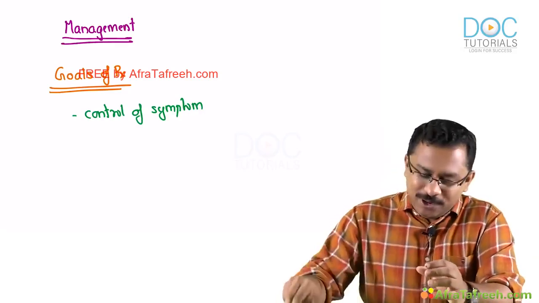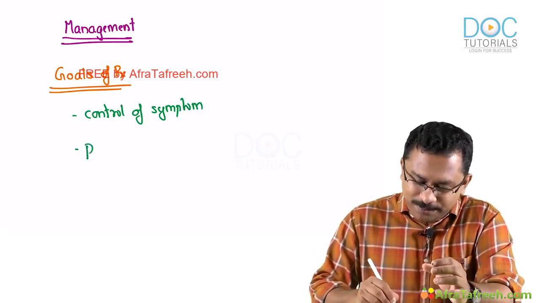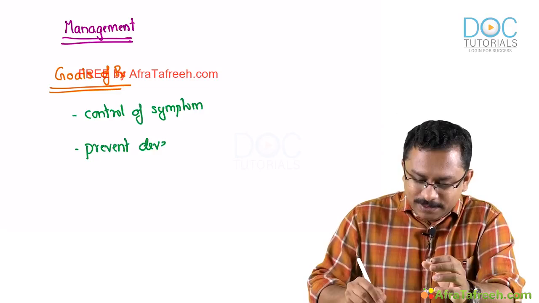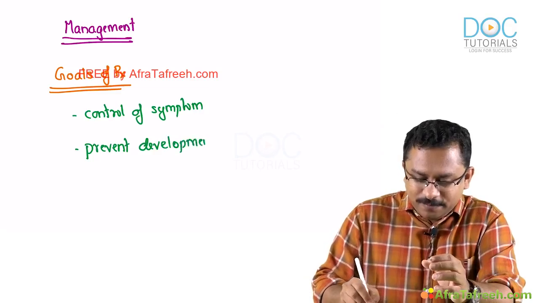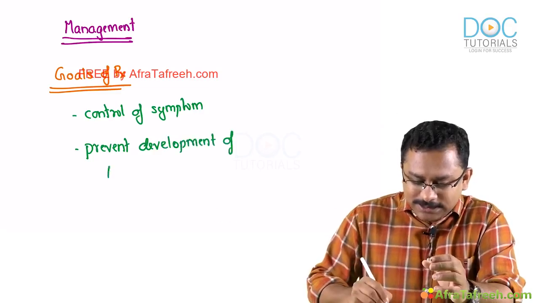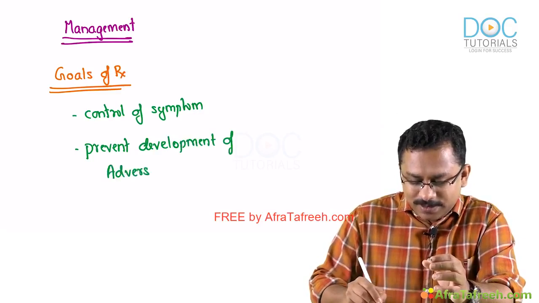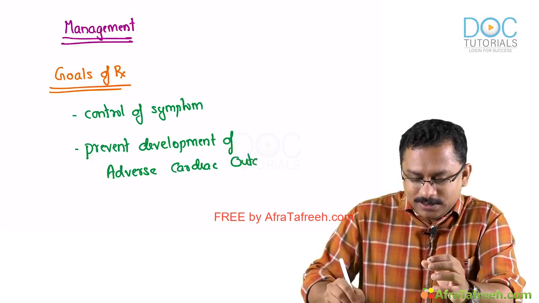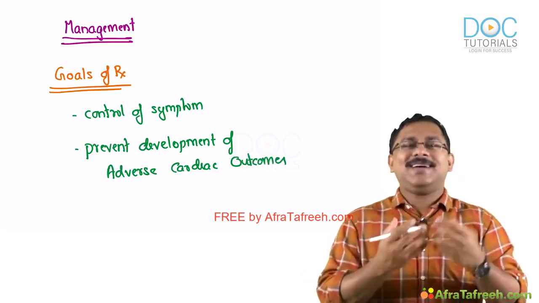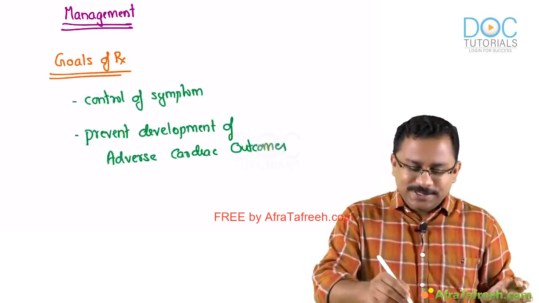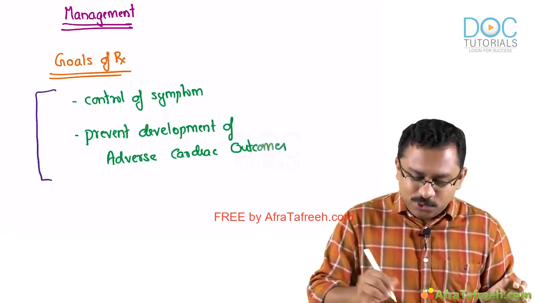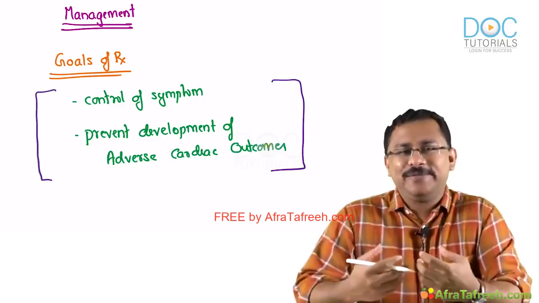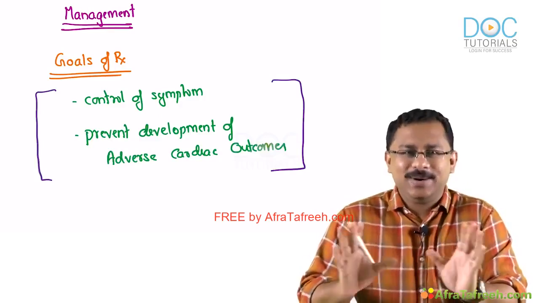So you have got to prevent development of adverse cardiac outcomes. Adverse cardiac outcomes means what? Like a myocardial infarction. So this is what in simple terms you are trying to achieve when you are thinking of managing a patient with chronic stable angina.